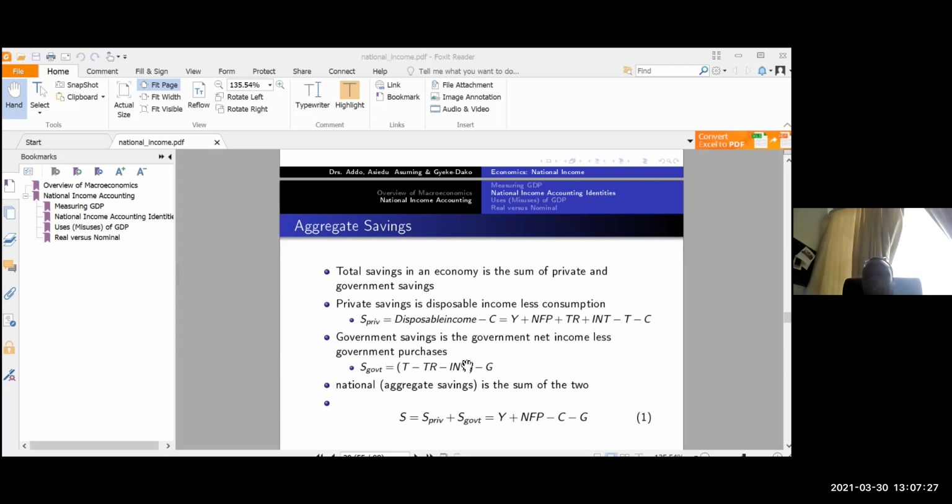If you combine these two terms, private with P plus TR plus INT minus T minus C, plus the government side, that will simplify the equation and give you total savings in the economy being given by Y plus NFP minus C minus G. It's not very difficult to see this because you have minus T in the private savings side, and then you have plus T, which is taxes, on the government side.